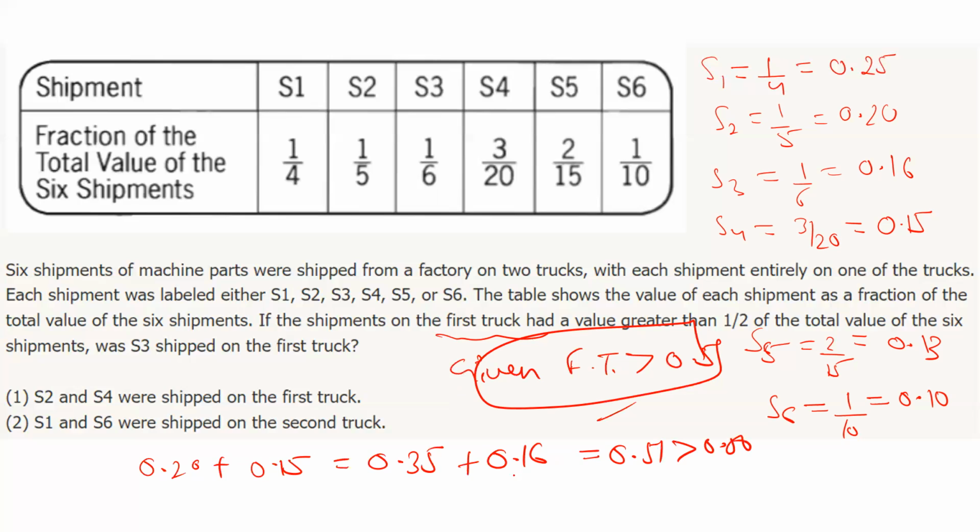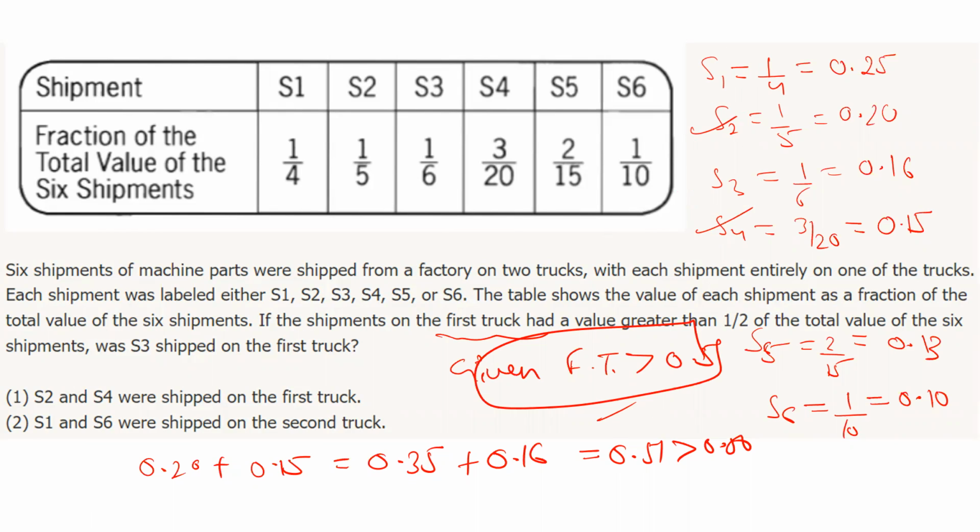If we don't include S3, then also if we add S1 to S2 and S4, our answer will be greater than 0.50. So either S3 can be included or it cannot, hardly matters. So we are getting partial yes and partial no. So statement number 1 is not sufficient to give the answer.